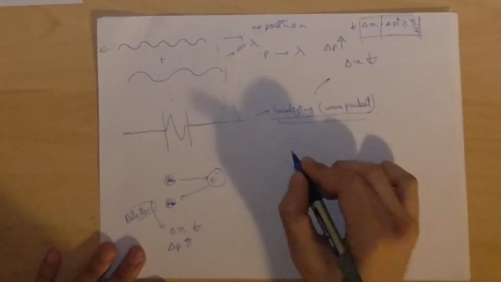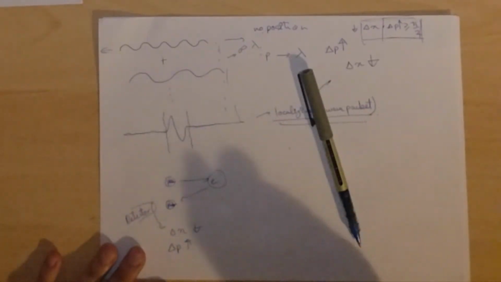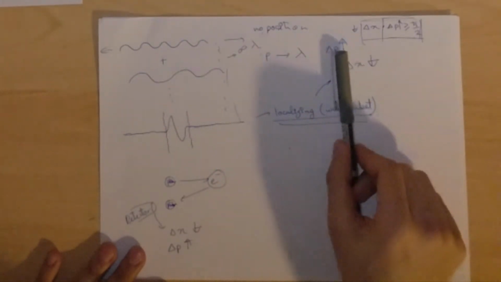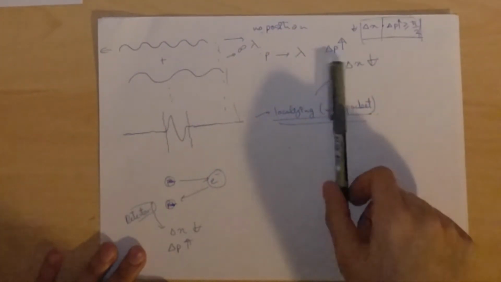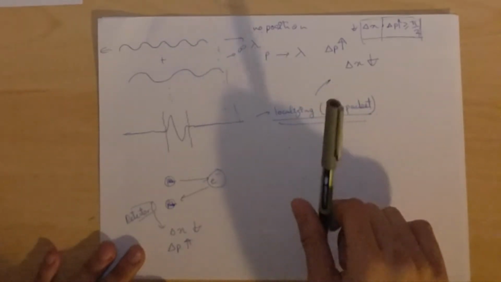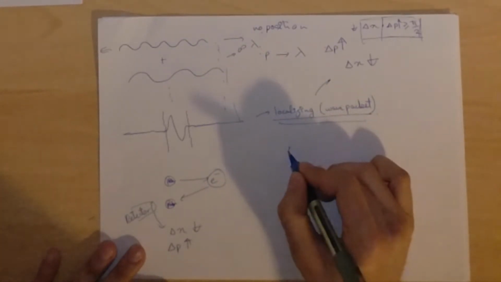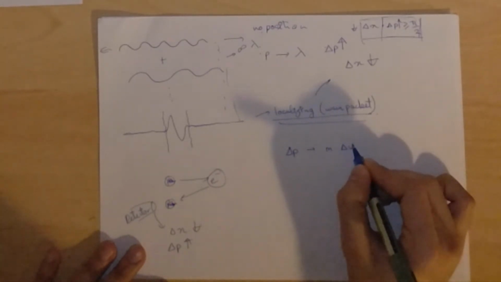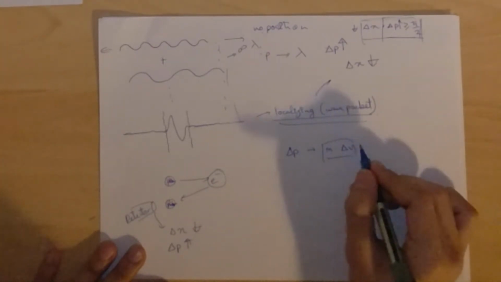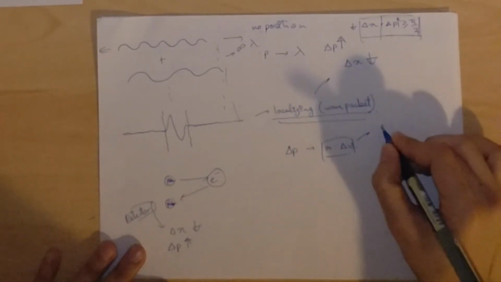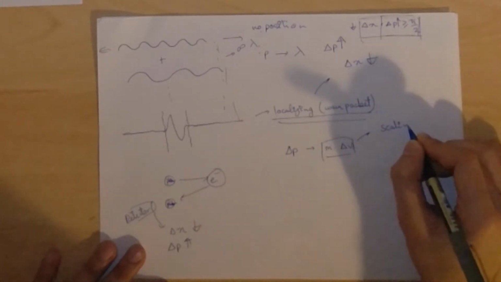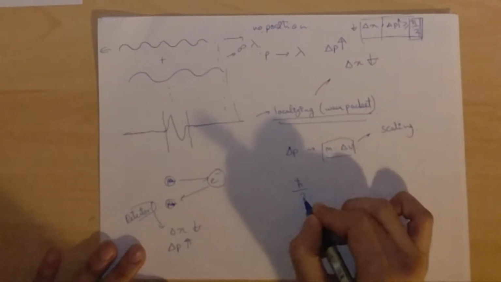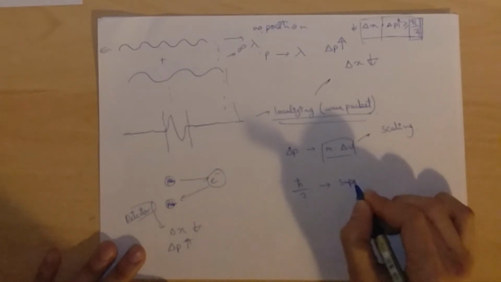So if I see this pen, I see that it's in one spot right there, and it has no momentum. That's because the uncertainty in momentum can be broken down to mass times uncertainty in velocity. And this is just a question of scaling. So this value right there, h bar over 2, is super small.